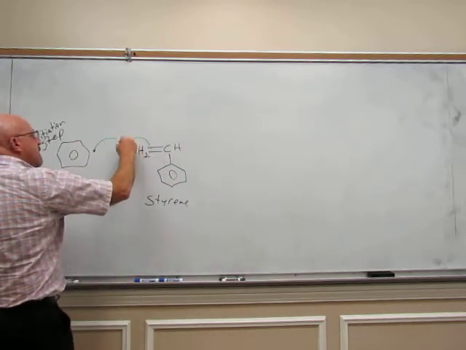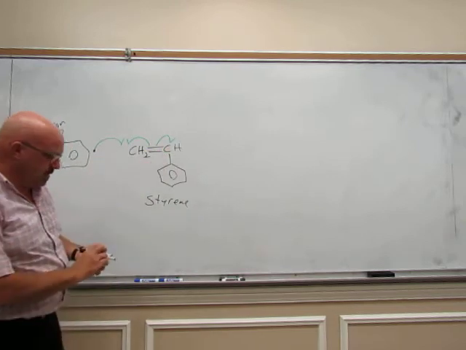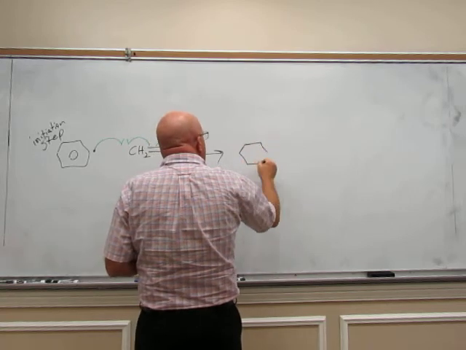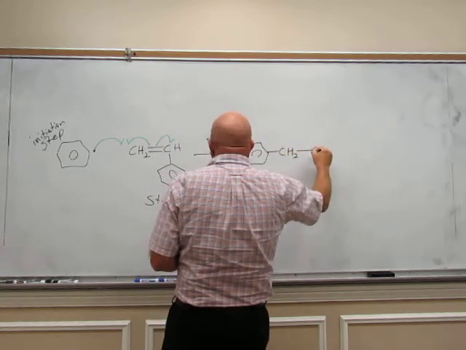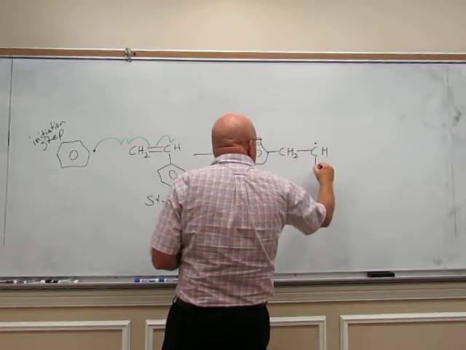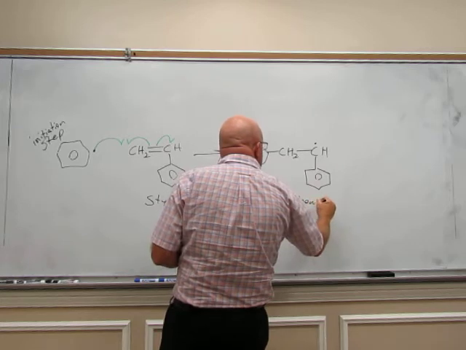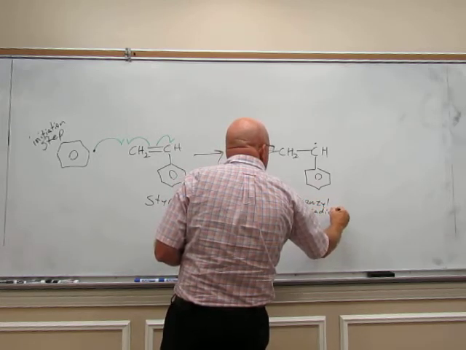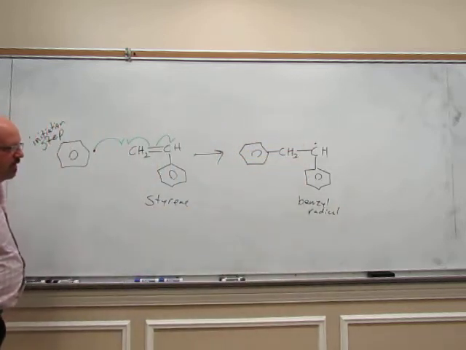But if we attack the CH2, that will leave us a benzyl radical, which is a more stable radical. So it's going to form this radical. Like I said, this is a benzyl radical, and that's got resonance into the benzene ring.